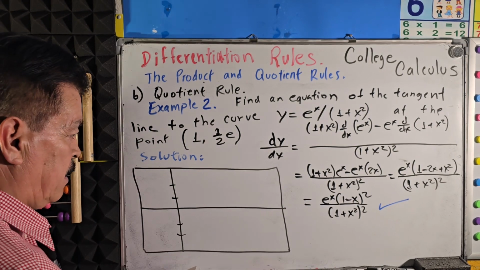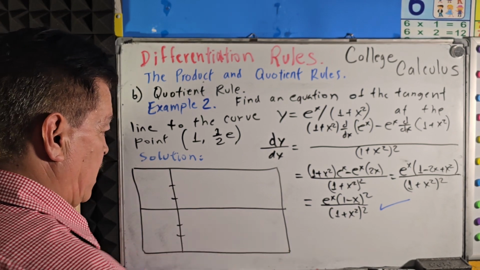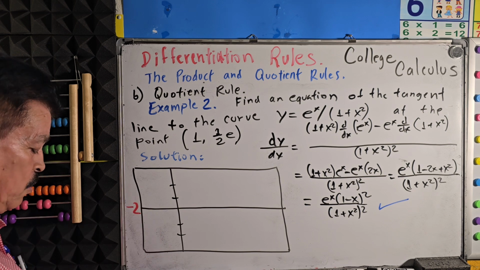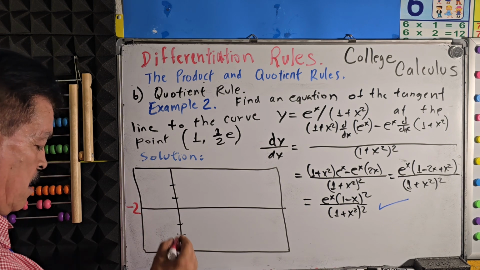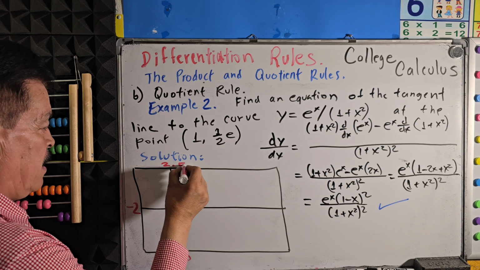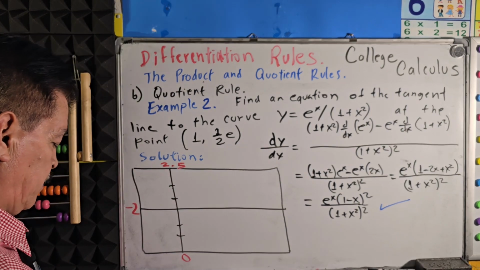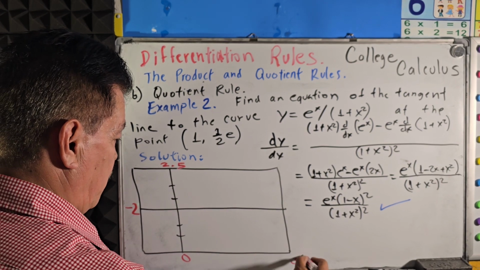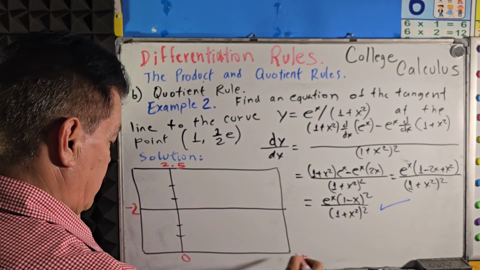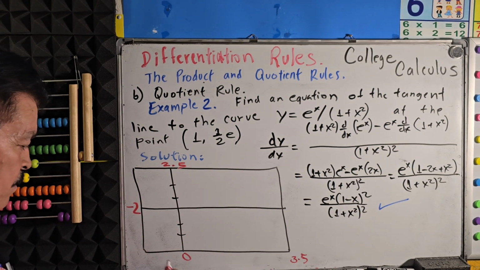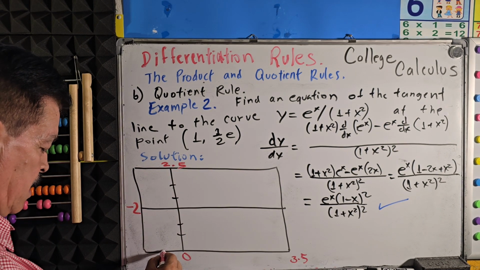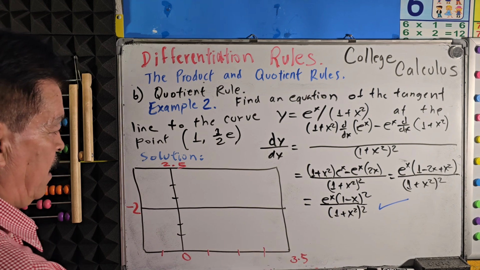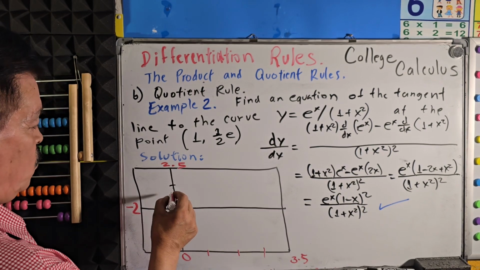Let's write the numbers right here. This is negative 2, negative 1, this is 0, 1, 2, and 3.5.